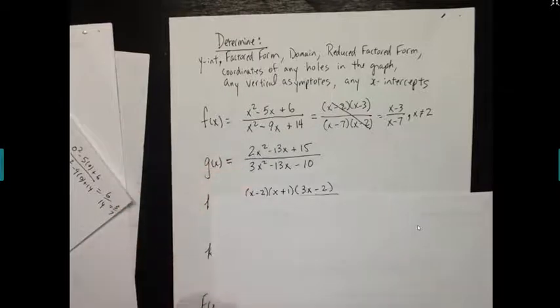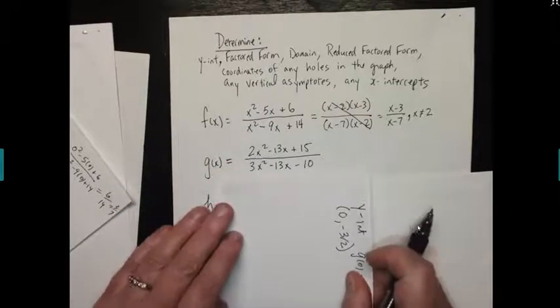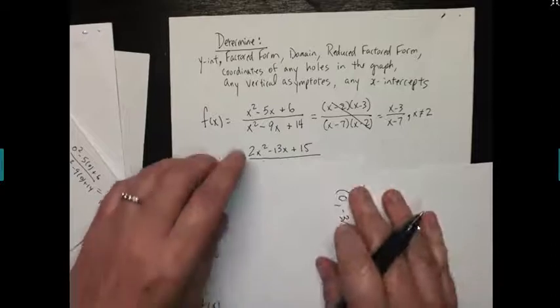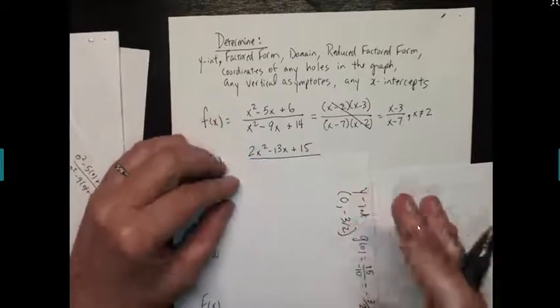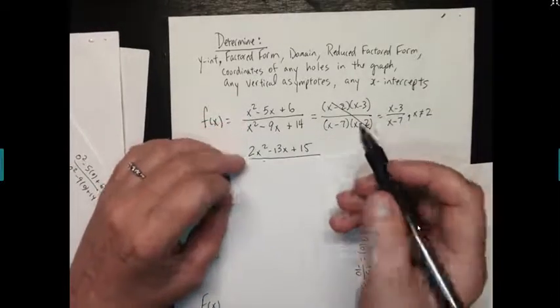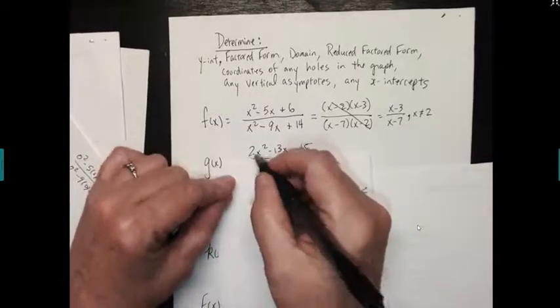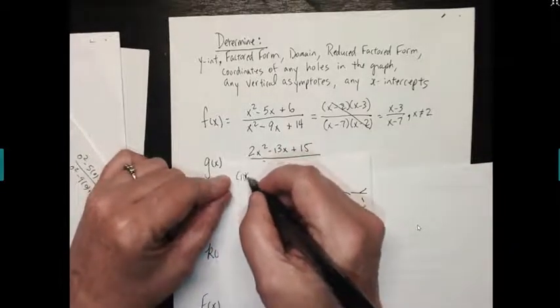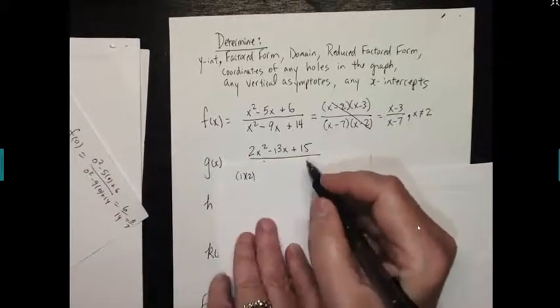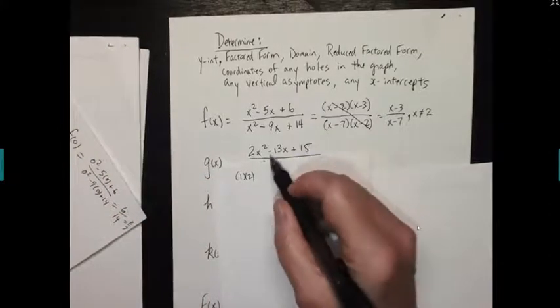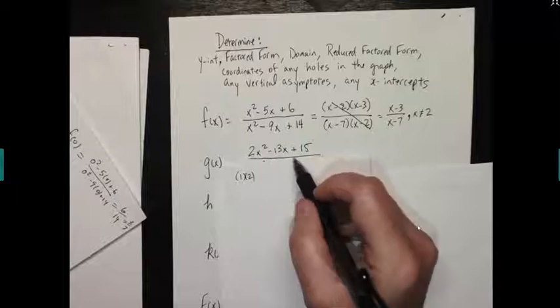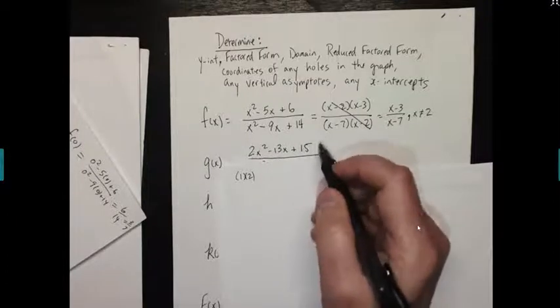All right, now what about factored form? Well, it's not x squared by itself, so I can't use the same trick I used up here. For 2, its factors will be 1 and 2. Now what about 15? It's positive 15, but because of a negative sign there, both of my factors will have to be negative.